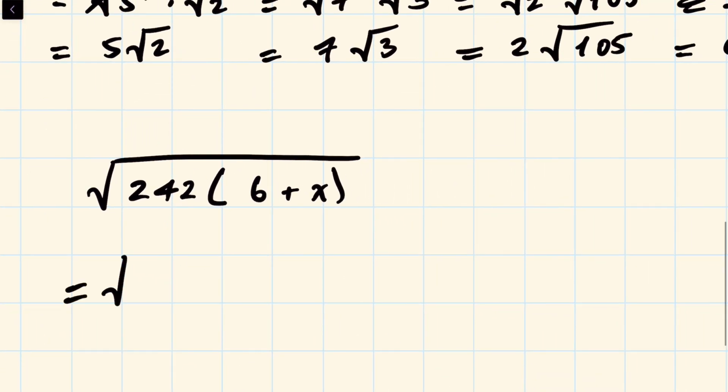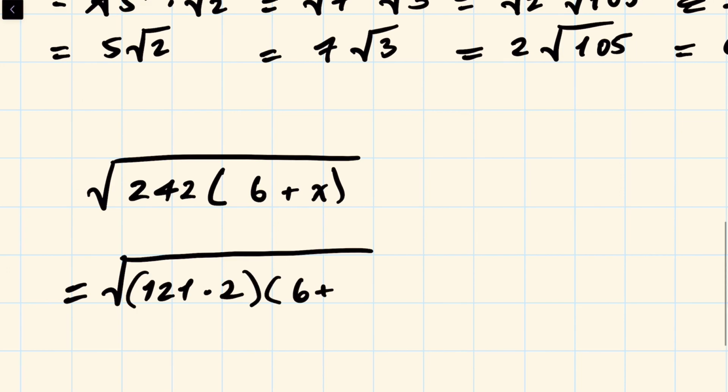We can split 242 up into 121 and 2, and that's all multiplied by 6 plus x. Don't actually need brackets around this.